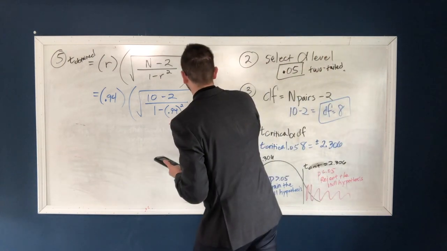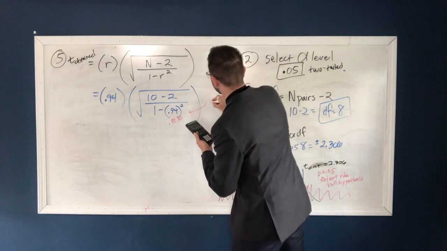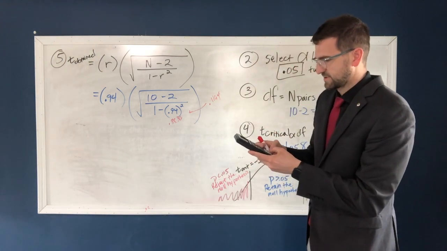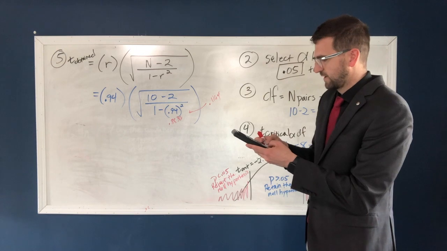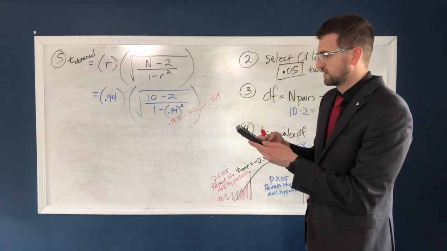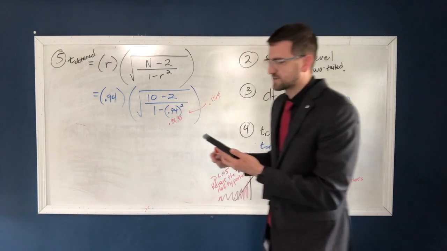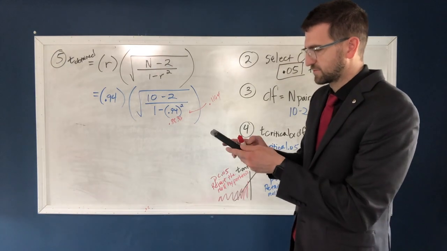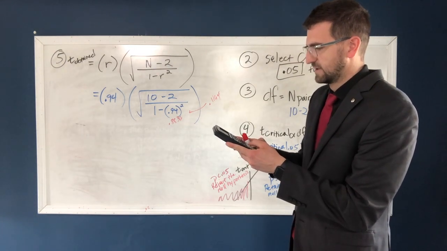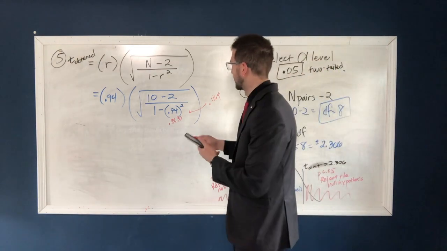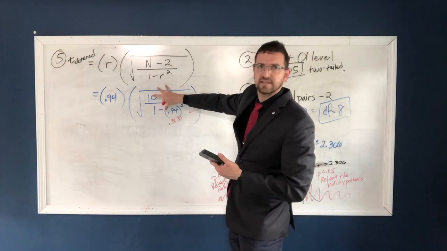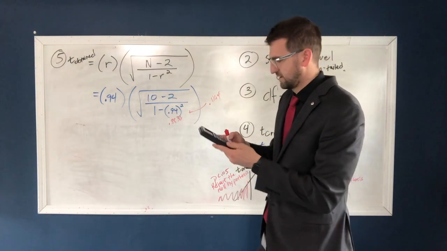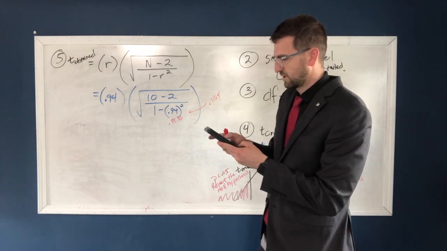Okay, so what you should find for the denominator of the equation is 0.1164. So 10 minus 2 is 8, divided by 0.1164. Okay, so before you take the square root, you should have 68.73. So we're going to take the square root of 68.73. Okay, and what we're going to get for this side of the equation in these parentheses is going to be 8.29 multiplied by 0.94.